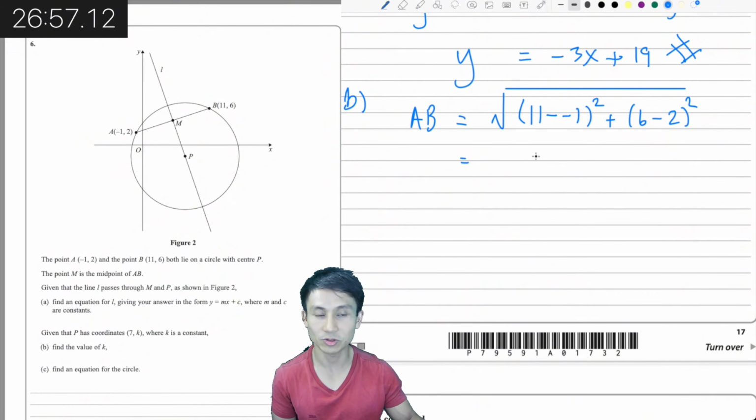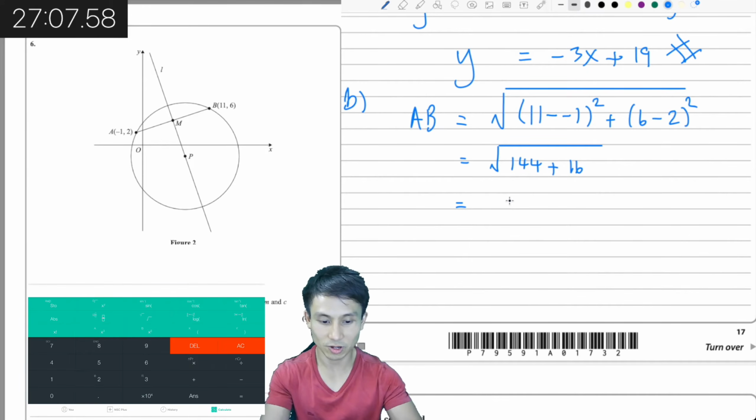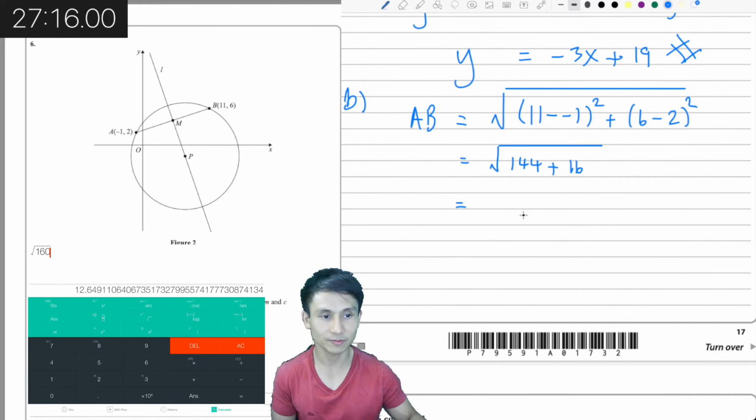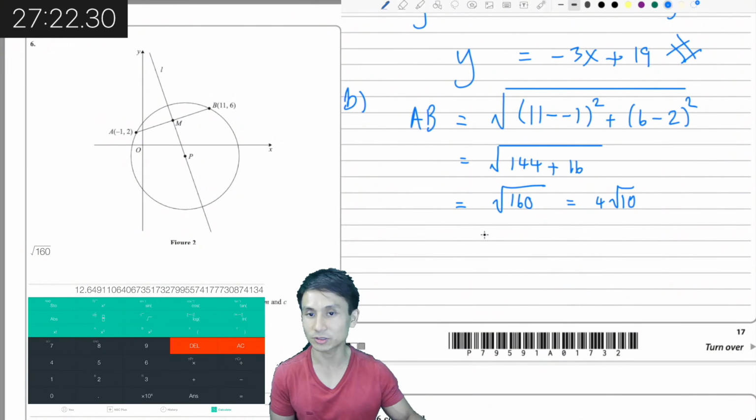So this is square root of 144 plus 16. Okay, so square root of 160, right? Yeah, that's not nice. Can we do nicer? So square root of 160, that's 4 root 10. All right, so let's keep 4 root 10 first.